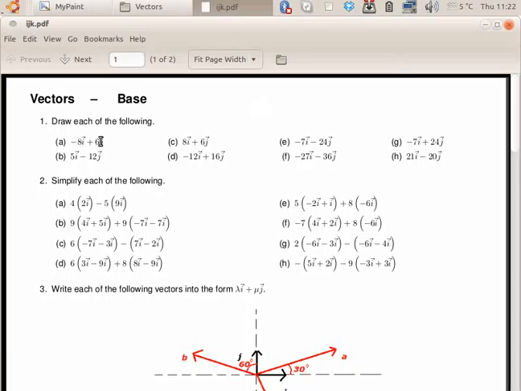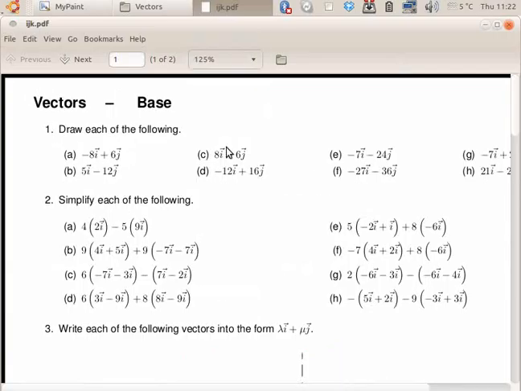We'll do these together. I'll give you a moment to do them. So can you draw for me A and B? Put them on the same graph, A and B here. You need me to zoom in? Draw A and B, please, for me.